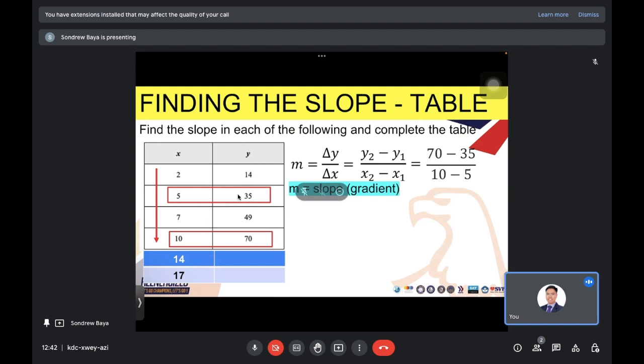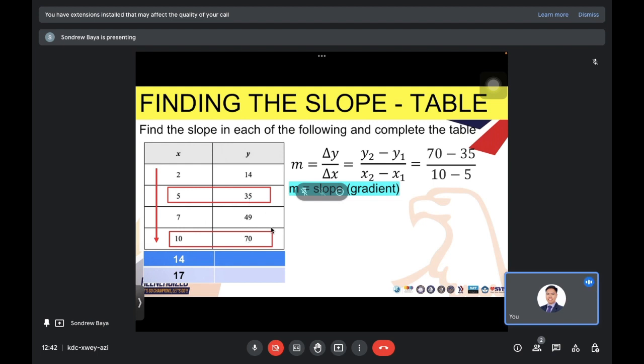This is my previous. Now, for you to know which one is the current, which one is the previous, it must go along with the x. It must be from left to right, or it must be increasing values of the x. So it's based on the x values. So here, this one is of a higher x value. Therefore, this must be my current, and this must be my previous.